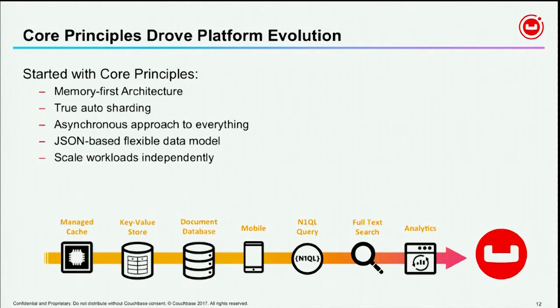So starting off with very simple caching layers and key value storage, adding support for JSON, for more complex querying and indexing, adding support for full text search and mobile synchronization, soon to be in developer preview, support for real-time analytics. All of this built on a memory-first architecture designed for clustering and auto-sharding from the start. So a number of other technologies started off as single node databases and have added on replication and clustering as the years have gone on. Couchbase started that way from the very beginning.